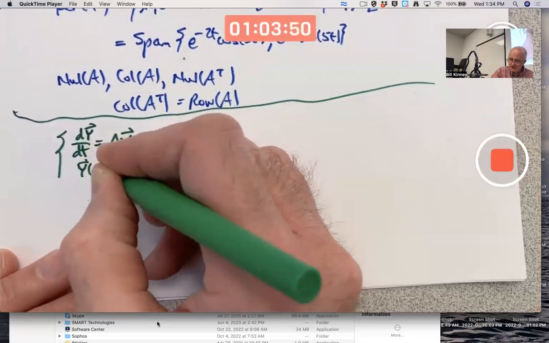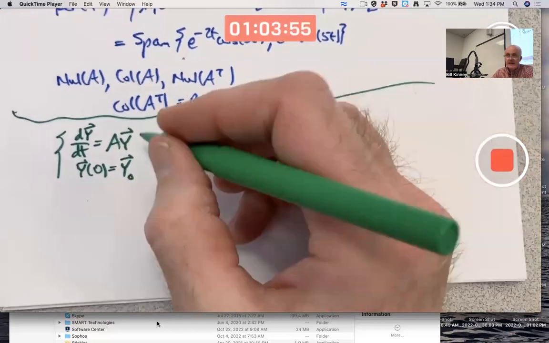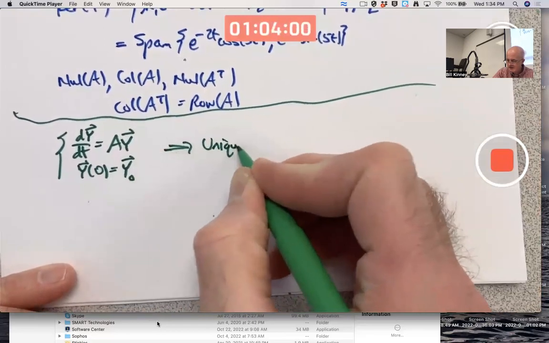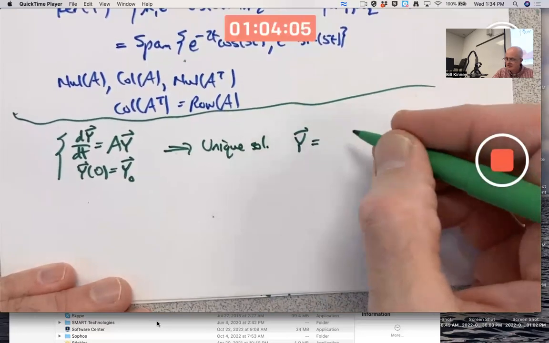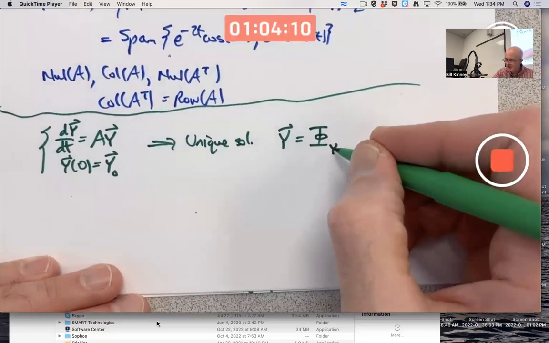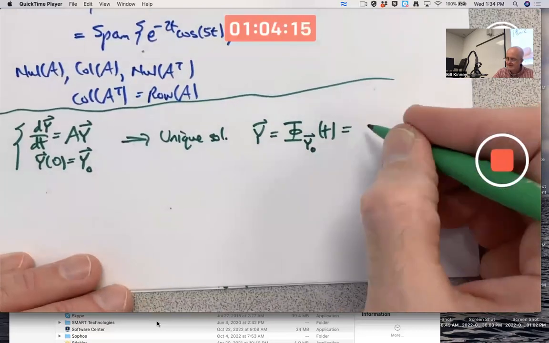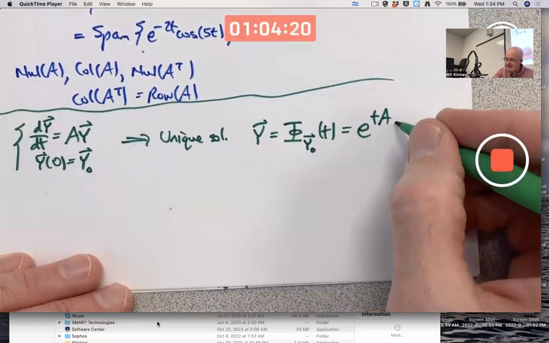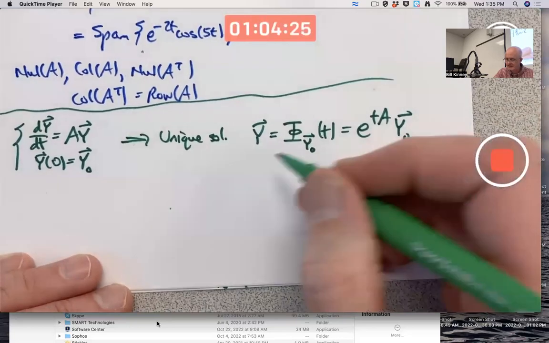A generic linear initial value problem has unique solution y equals, I'll go ahead and use phi notation, I'll use this phi for the solution function. And this equals the matrix exponential of TA, e to the TA, times the column vector y0. That's the initial condition vector. That's what I call the beautiful generalization, that this is the unique solution.